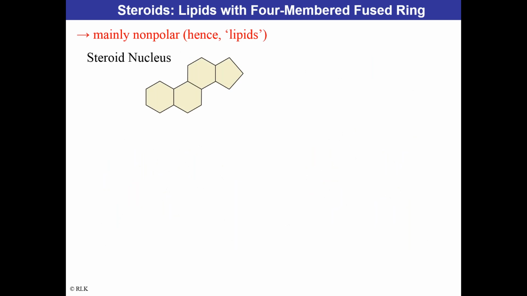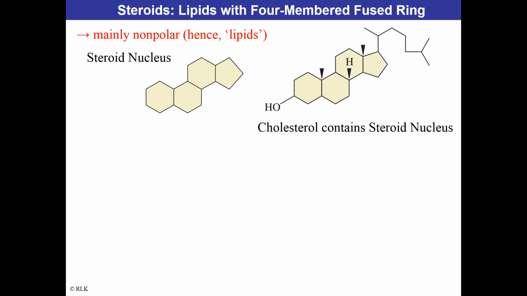I want to talk more about lipids, so we can talk about it with respect to steroids. Mainly, these are nonpolar. Here would be the steroid nucleus, and you see four cyclic structures, all connected together here. There are some parts that are going to be shared, and that's just the properties of the steroid nucleus. Cholesterol, for instance, has additional aliphatic character on one end.